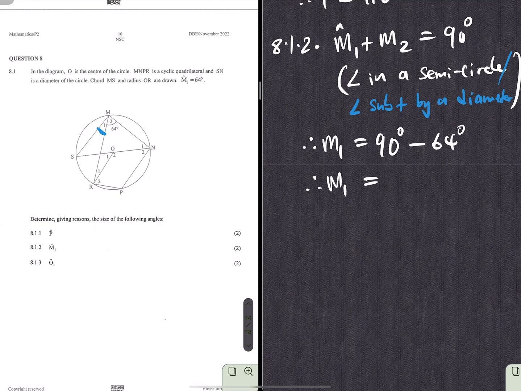Therefore, angle M1 will be 90 minus that, which is 26 degrees.